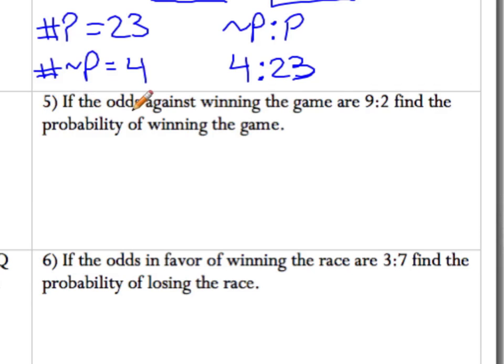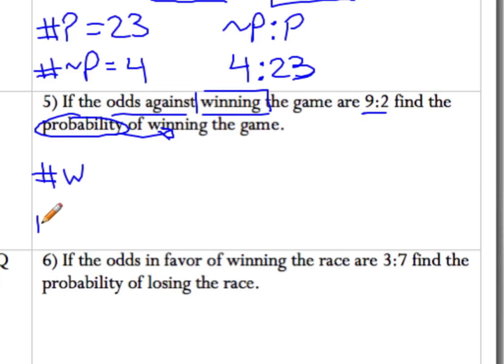All right, number 5. If the odds against winning are 9 to 2, find the probability of winning the game. So we want the probability of winning. So what we need to do is find the number of winning and the number of not winning. So if we're given odds against winning, this actually already is in not winning to winning.